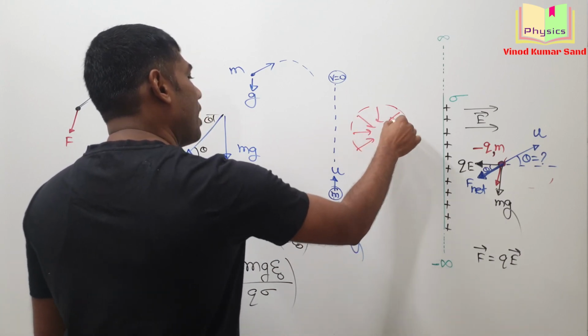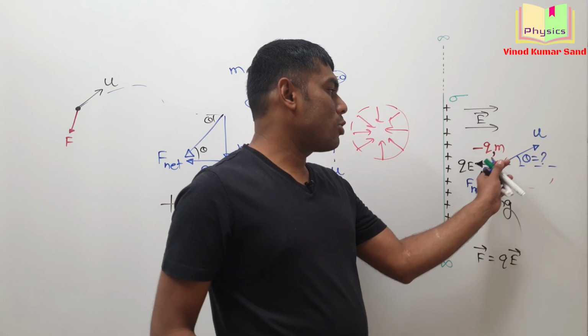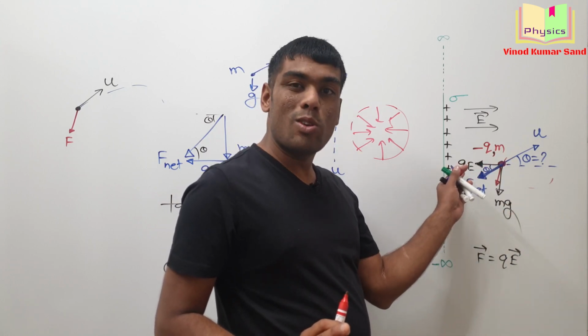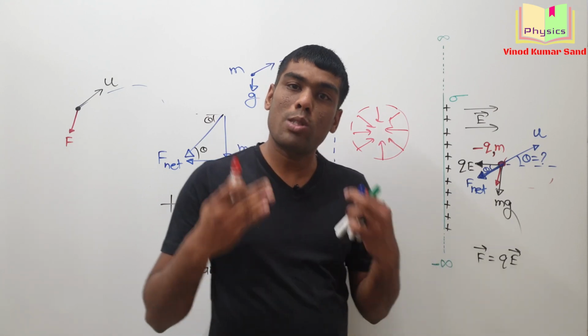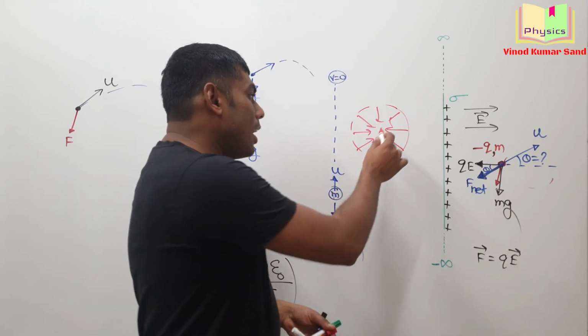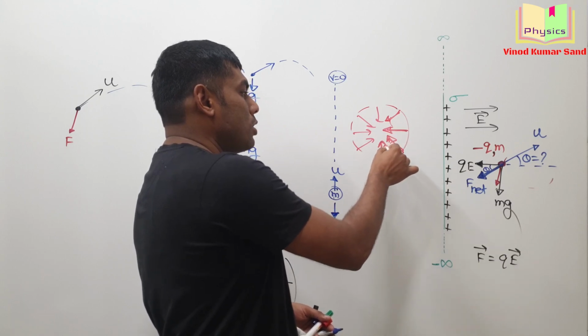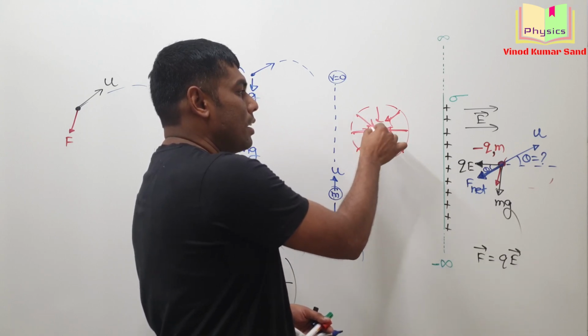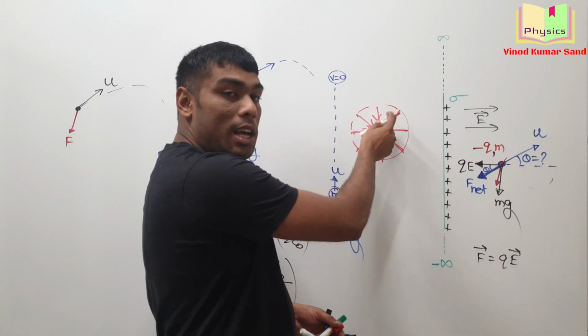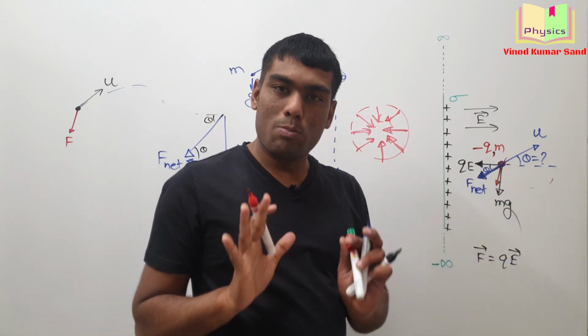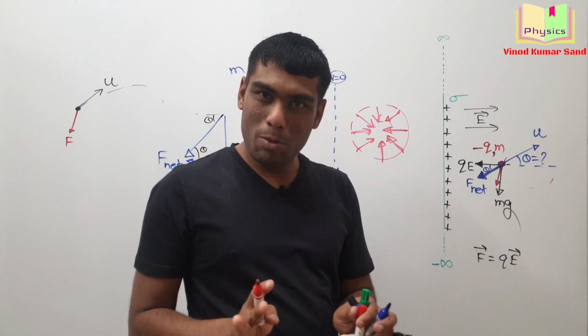And here in our question, the net force is always constant, because mg is constant, q is constant, so the net force has a fixed direction. And for circular motion, at least there should be one force which is always acting toward the center, means the force must be changing its direction also. This force cannot do that thing, so particle cannot perform circular motion, cannot perform the projectile motion.